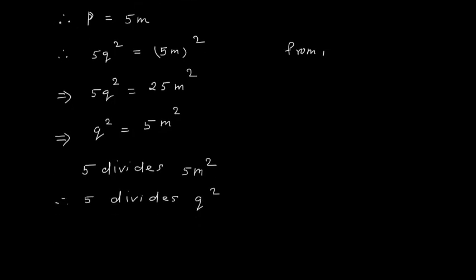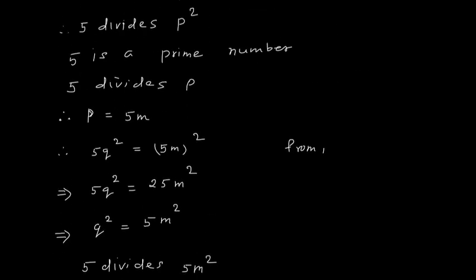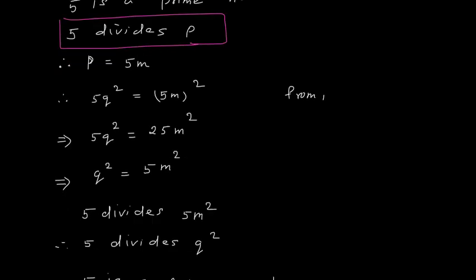Now again, 5 is a prime number. Therefore 5 divides q. So here we have seen that 5 divides p, and here we see that 5 divides q.